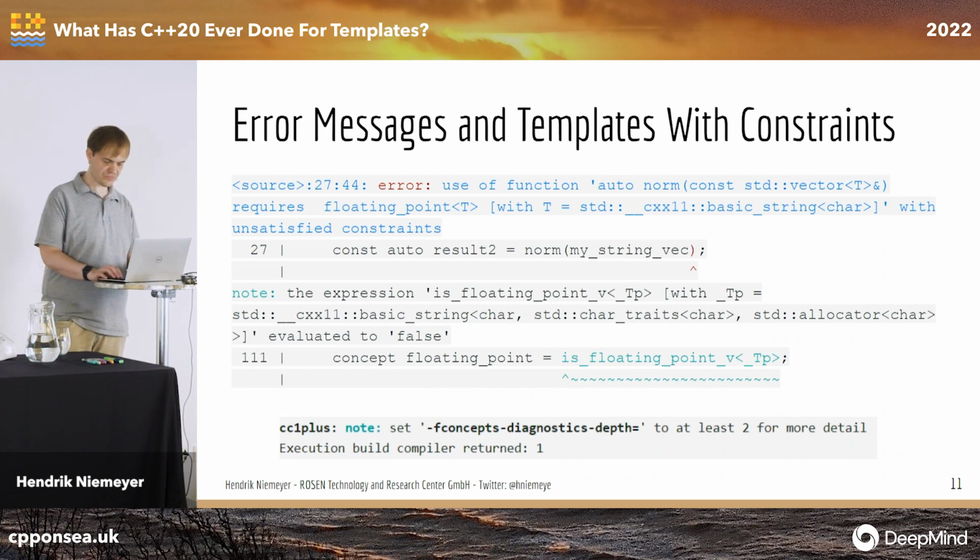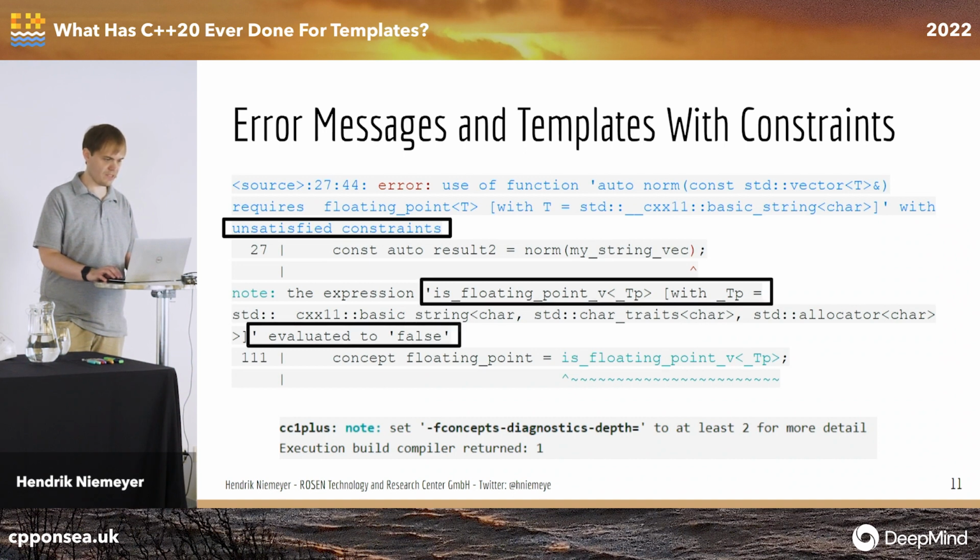And now let's look at an error message we might get if we violate this constraint. So here's an error message from GCC when I try to call this norm function with a vector of std::strings. And what we get is, the compiler tells us we have an unsatisfied constraint, and that std::floating_point evaluated to false. And this is, I think, a pretty readable error message.